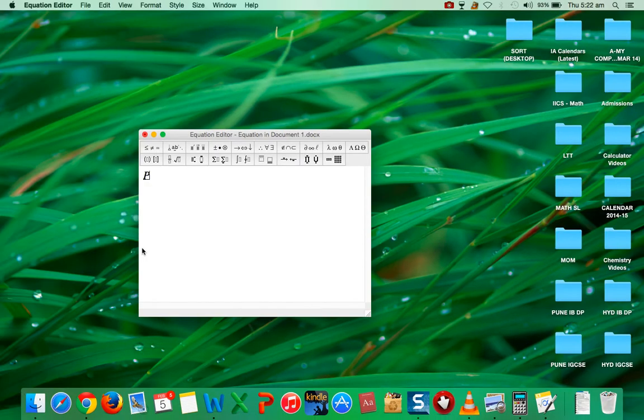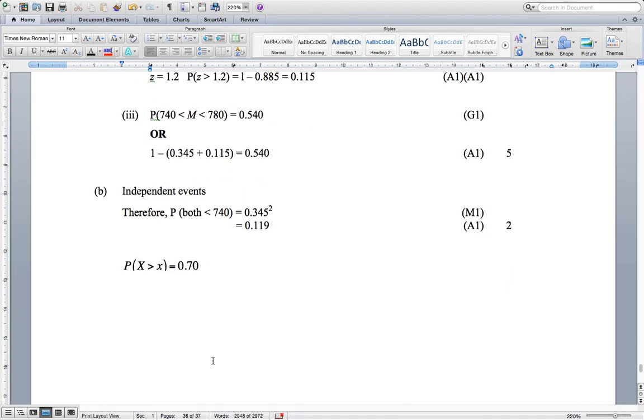So here P of capital X greater than small x equal to 0.70. Okay, so this is the expression, the equation that you write. Then find the value of x.